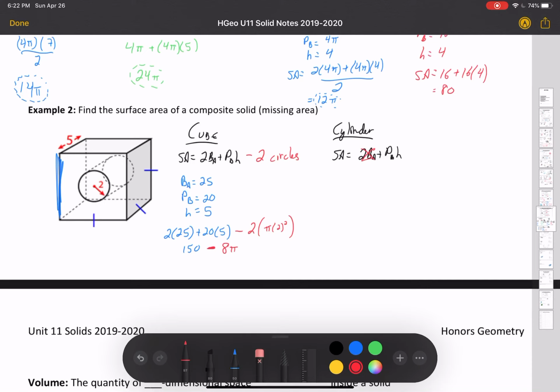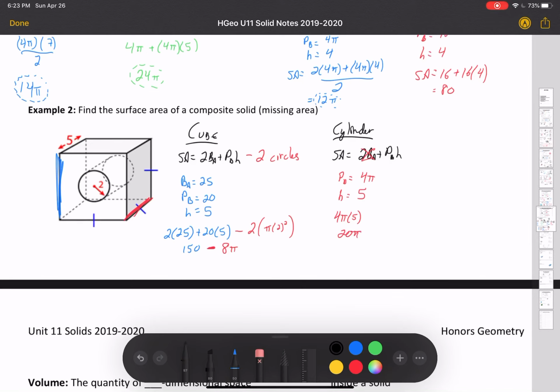So perimeter of the base, circumference of a circle, 2 pi r. So this is going to be 4 pi. And the height of the cylinder going from circle to circle is going to be 5. So the surface area of the part of the circle that I want is going to be 4 pi times 5, which is 20 pi.